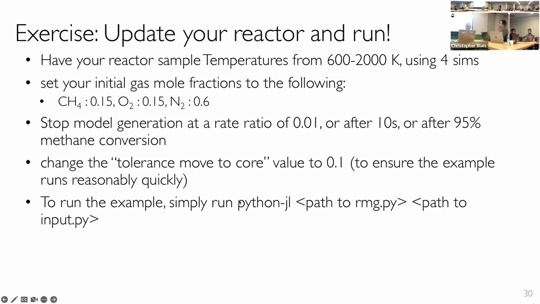And then to run the example, you do what I presume you've already done within this training. For other input files, you'll do python, the path to your rmg.py program, and then the path to your input file.